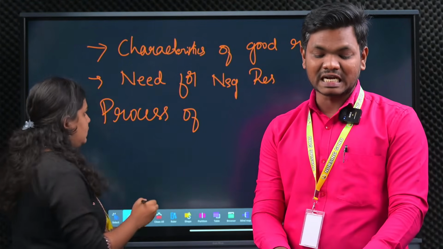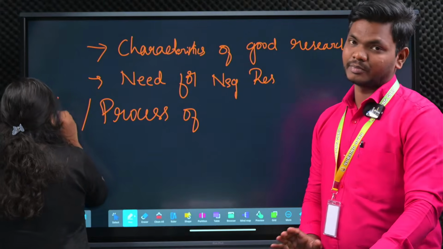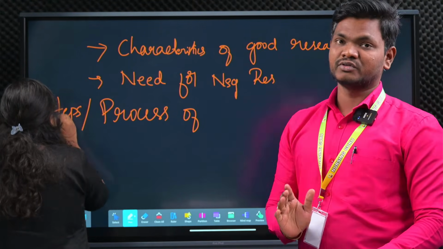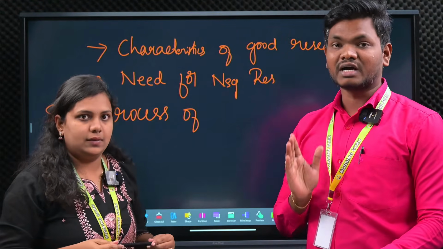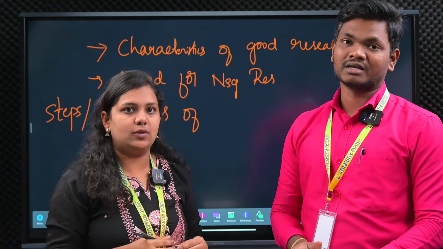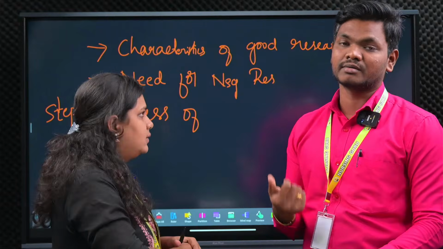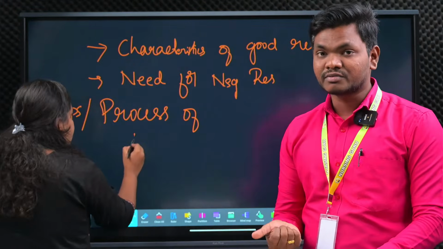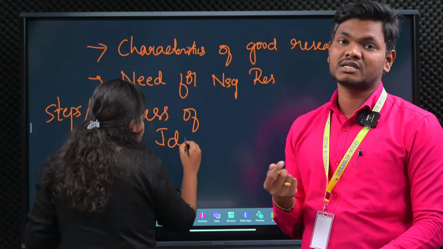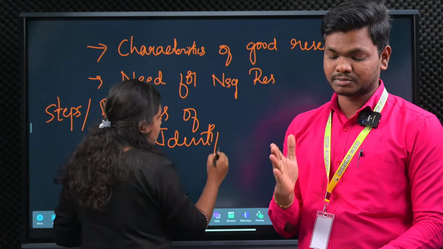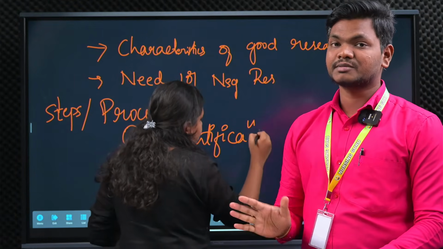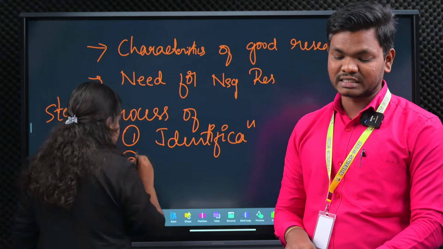The first one is identifying and selecting the problem. Whenever we want to start any research, we have to identify the problem, question or topic. You may have questions when you are reading something, doing something, or observing something, and you get a question in your mind. That is the first step in the research: identifying and selecting the problem.